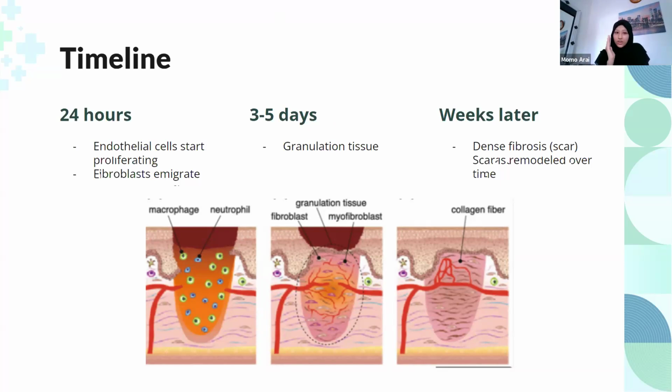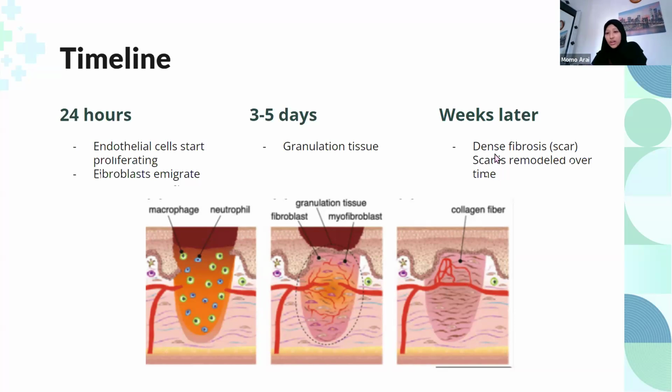So around 1 day is when the cells start to be recruited and divide. 1 week is granulation tissue, the new tissue is formed. Then weeks later, maybe 1 month, you can consider that it will be remodeled. The granulation, the new tissue, is gone. Now it looks better and can stay within the normal tissue.